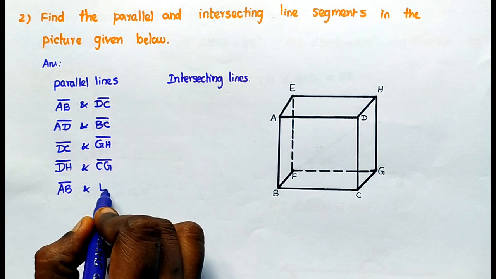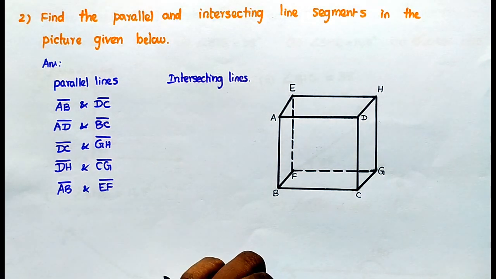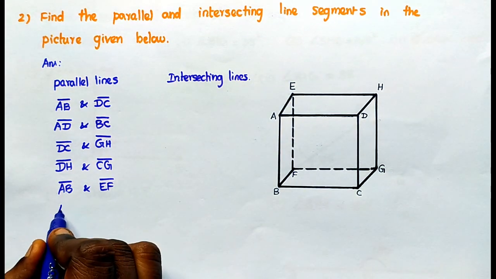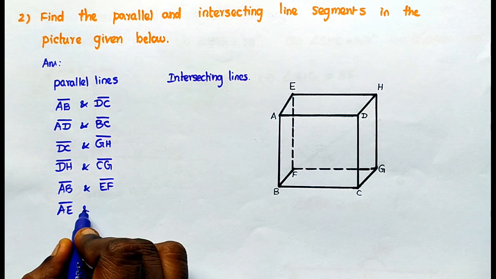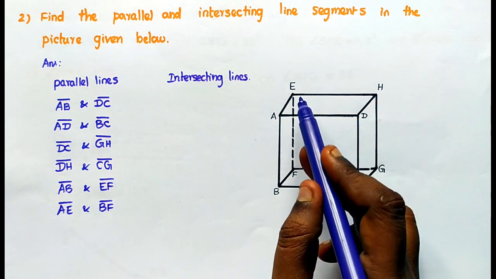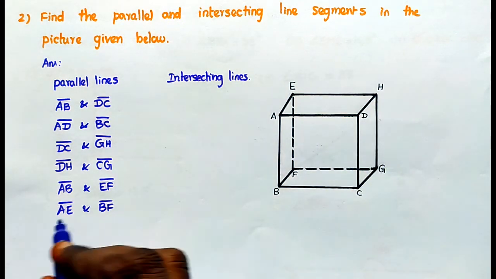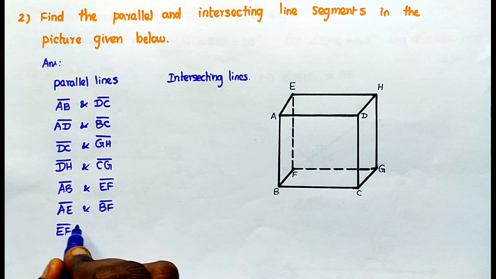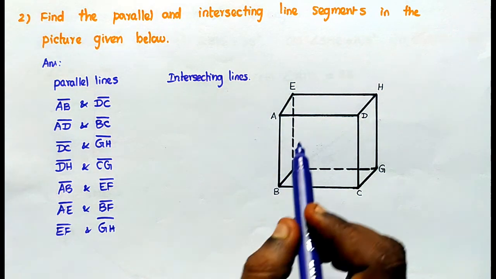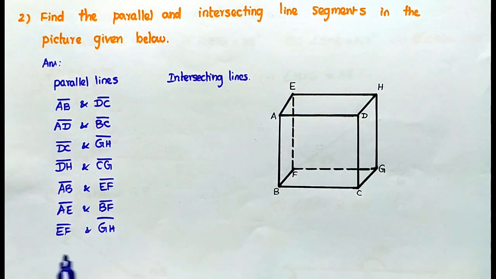Next one, AE and BF. Next, back side, EF and GH. Next, EH and FG.